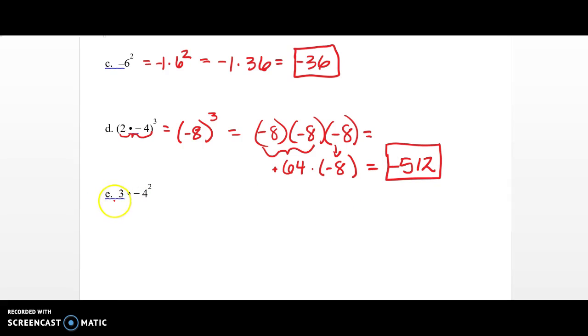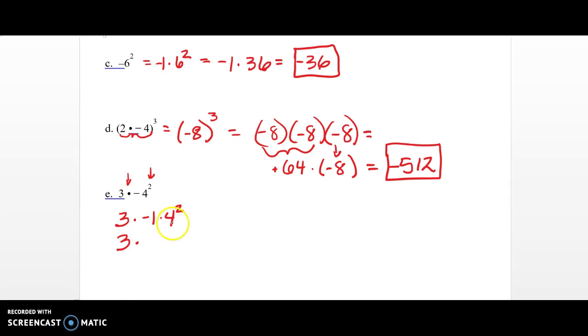All right. Here on E, I've got multiplication right there. And I have an exponent there. Which one do you do first? Yeah, order of operations says do your exponents first and then your multiplication. So I've got 3 multiplied by. Now the negative is not part of the base. It's -1 times 4 squared.